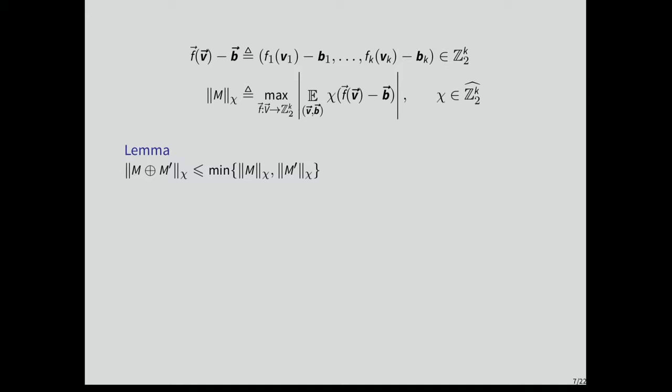A random k-bit string is uniformly random if all the non-trivial Fourier coefficients are 0. So we need to bound the Fourier coefficients of this random k-bit string.